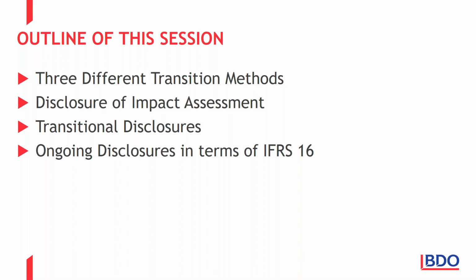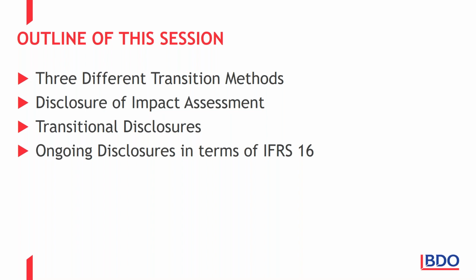So if you've not adopted IFRS 16 yet, you still have to disclose the impact assessment in 30 June 2019 financial statements. I'll talk about transitional disclosures. So as soon as you implement a new standard, there are some disclosure requirements when you move from an old standard to a new standard to reconcile for users what's actually changed at that date of initial application.